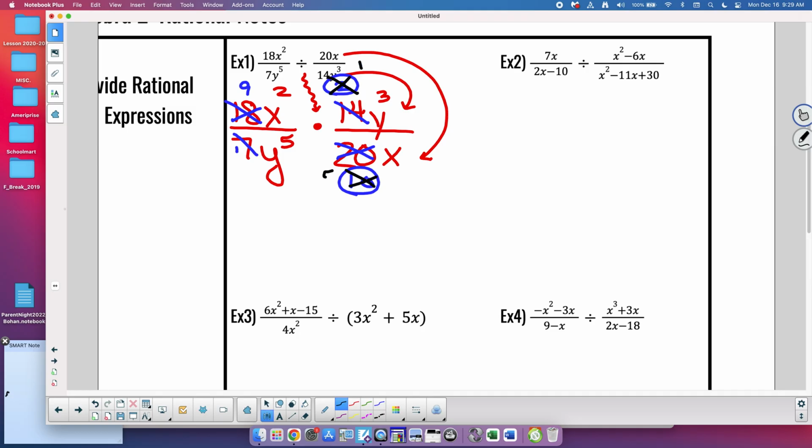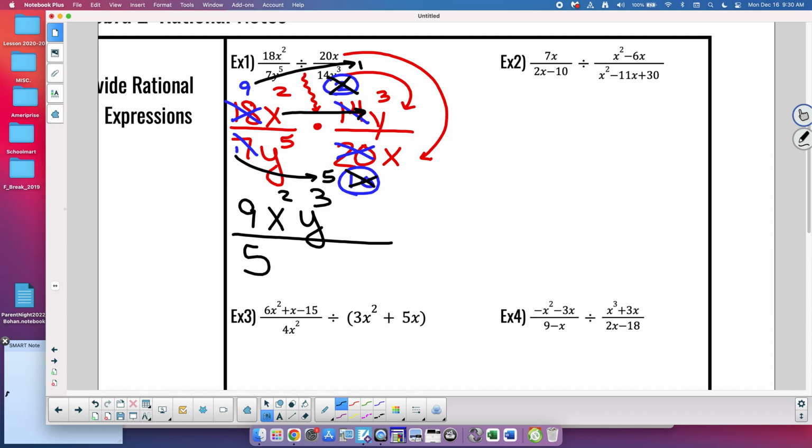I told you this gets messy. So number-wise, what's the answer? 9 times 1 over 1 times 5. Isn't that 9/5? Okay, 9/5. Okay, variable-wise, I'm going to clean this up. X squared times y cubed is x squared y cubed. Y to the 5th times x is just x, y to the 5th. Okay.